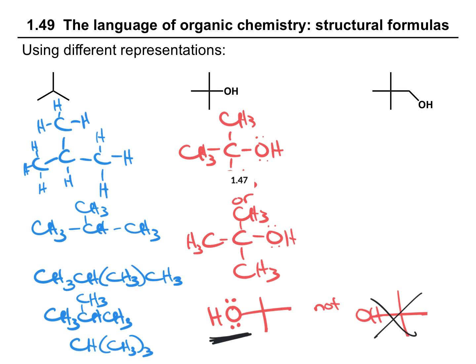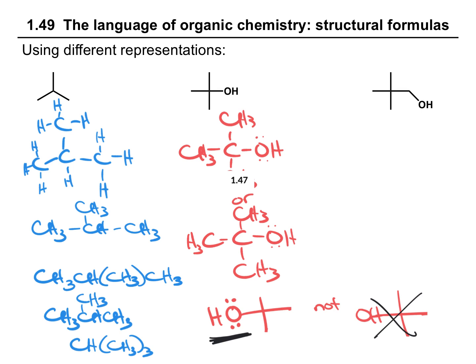And one more example. Let's notice the difference between this alcohol and this alcohol. This alcohol is connected to this carbon. So the oxygen's connected to the carbon, which is connected to 3 other carbons. Here, the oxygen is connected to a carbon that's connected to this carbon that's connected to 3 other carbons.